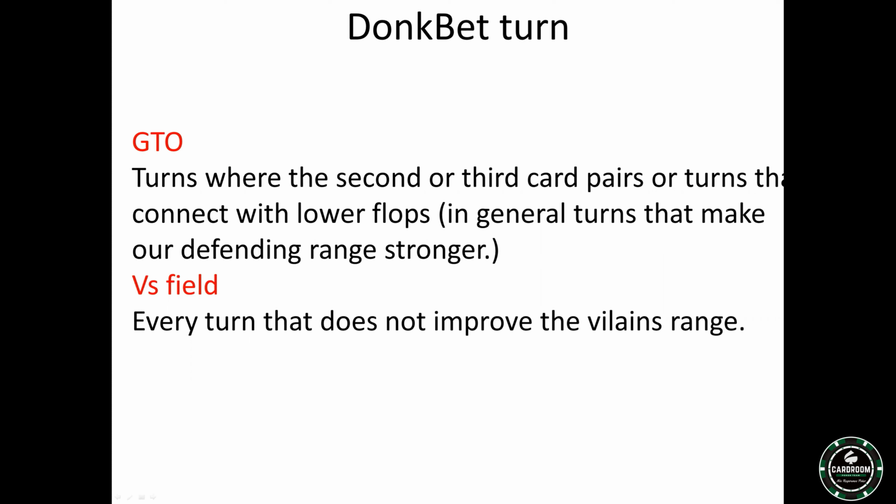So that's usually when you want to donk bet. Against the pool, though, you want to donk bet mostly against every turn that doesn't help the villain's range. So if it's not a turn ace or turn king, usually you want to donk bet a lot because they're unbalanced on the flop for bluffs, and we are unbalanced on the flop for value. We're calling more often with value.